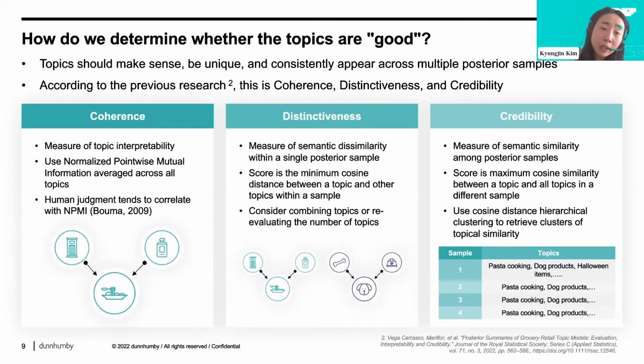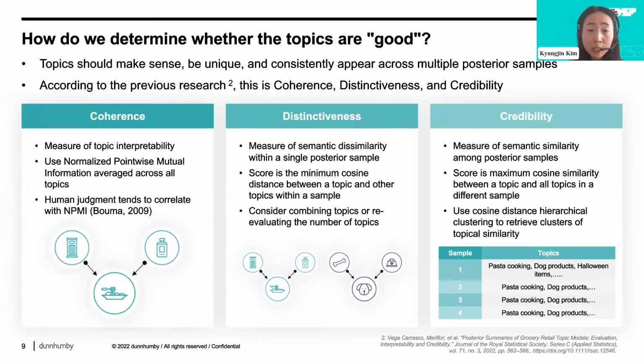On the other hand, Halloween topics only appear in one of the samples, showing lower credibility. The score for credibility is calculated by getting the maximum cosine similarity between a topic and all topics in a different sample. We find the closest one to the focal topic in a different sample. If they are close enough, we can say this topic appears in both samples.